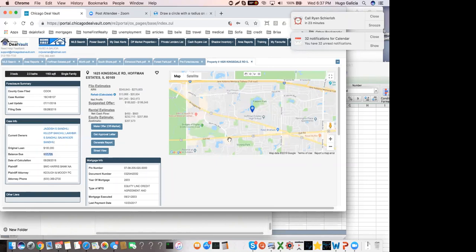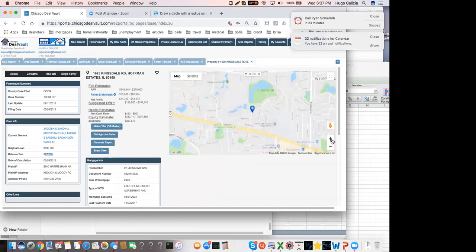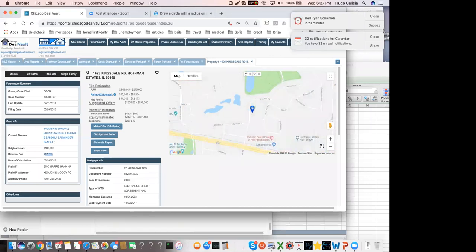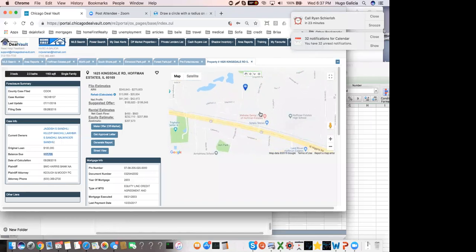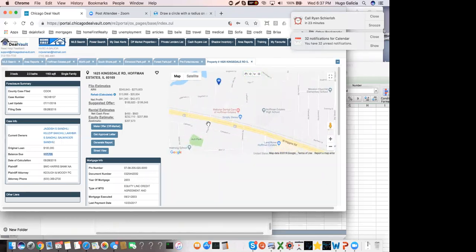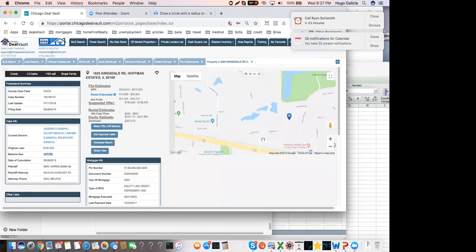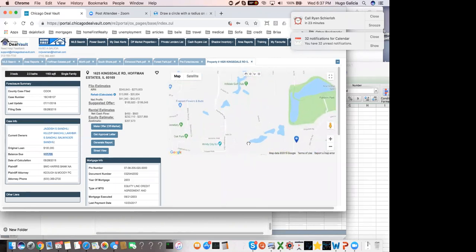But let's find out if this property is in a pocket. So what we're gonna do is very simple. We're gonna identify the location of the property. So here you need to zoom in and then find the cross streets. So here we have Kingsdale. And then if we scroll down, I want to look for, okay, so it's Higgins Road. And then I want to find a bigger street.